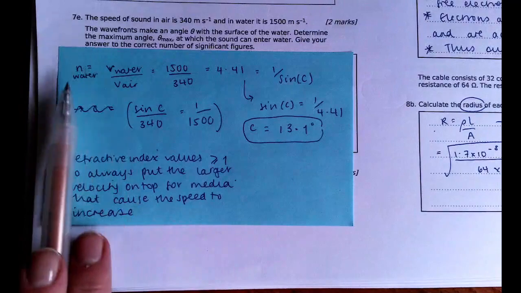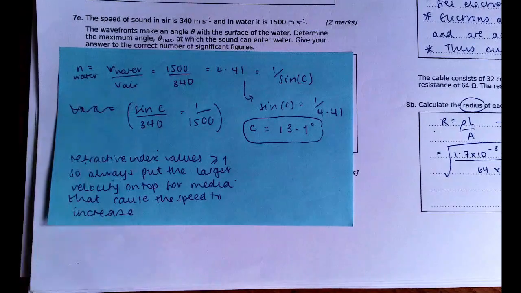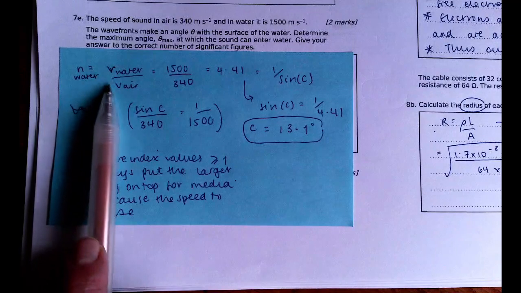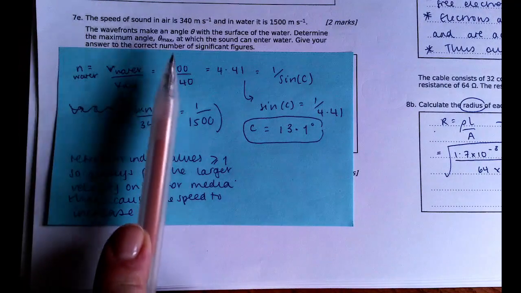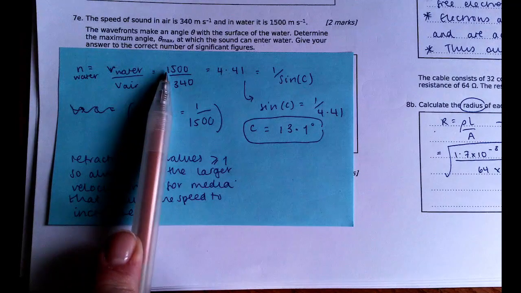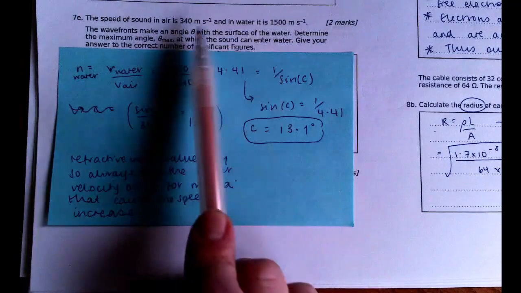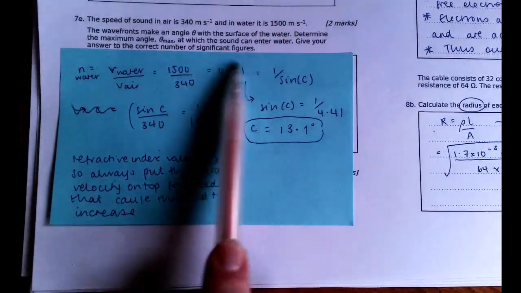We know that we are looking for the refractive index of the water. We're going to see that that is the ratio of the velocity in the water compared to the velocity in air, giving us 1500 over 340, so we're told our values. Okay, giving us our refractive index of water.